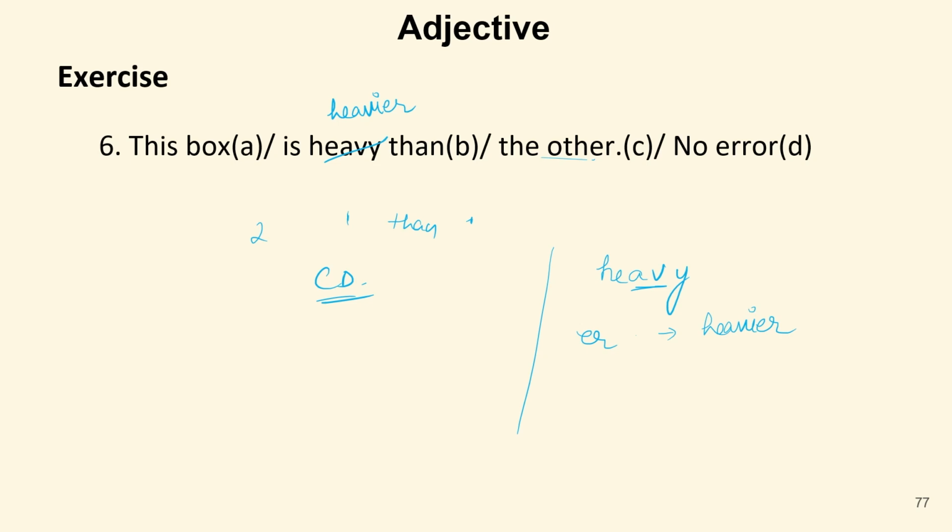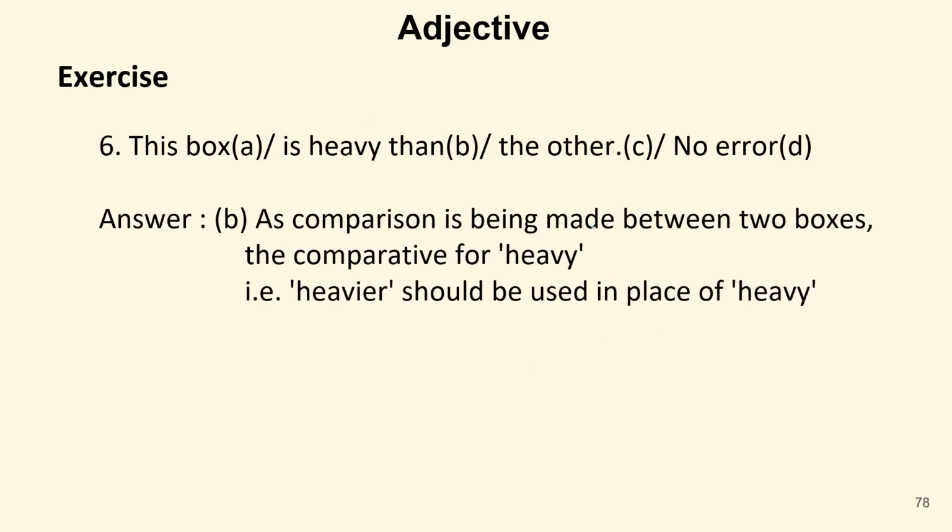That's why the correct sentence will be: this box is heavier than the other. As comparison is being made between two boxes, the comparative heavier should be used in place of heavy. So the error is in part B, and our answer will be part B.